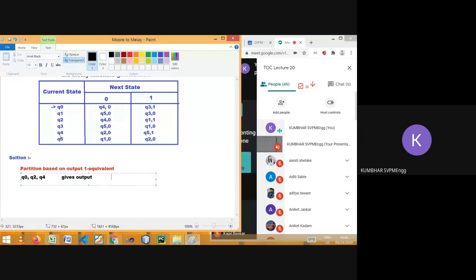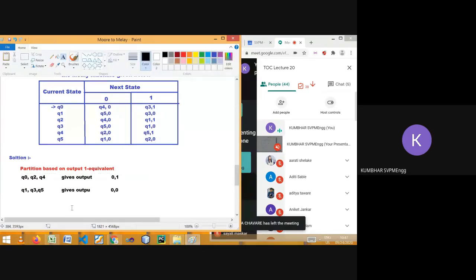Q5 is giving 0 0. Means in 1 equivalence we find that Q0, Q2 and Q4 give output 0, 1 and Q1, Q3, Q5 give output 0 0. And that's why we can club Q0, Q2, Q4 in one group, because their behavior on the output is the same. I hope all of you are understanding this.